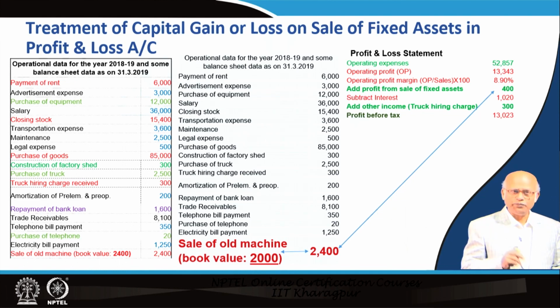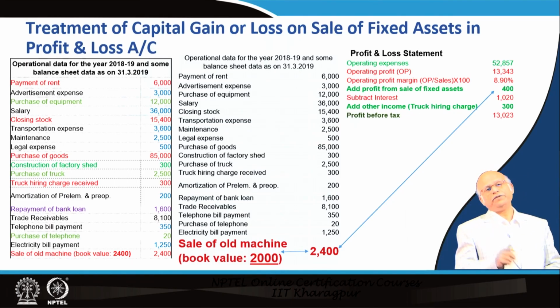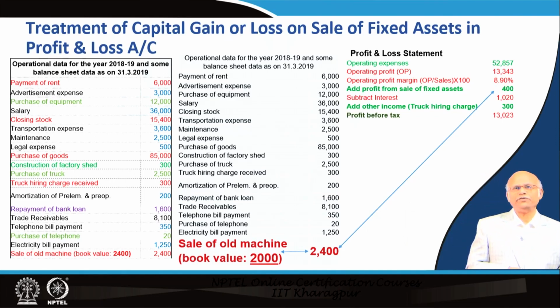Suppose you sell this asset at 2,400, whose book value actually was 2,000. Book value is 2,000, you sell at 2,400, you are actually making a profit. It is called capital gain. So, you are making a capital gain of 400. This 400 is to be added with operating profit to get actual operating profit.